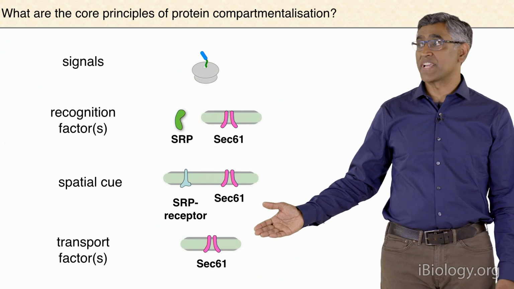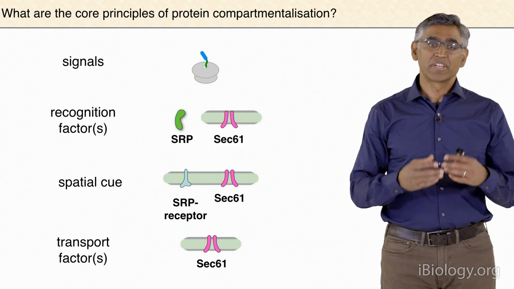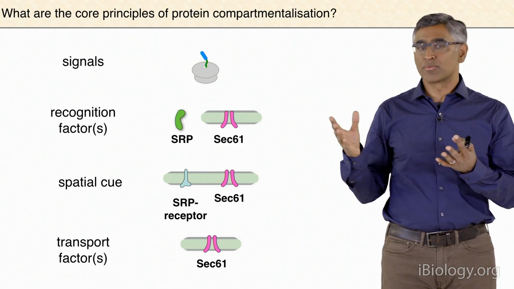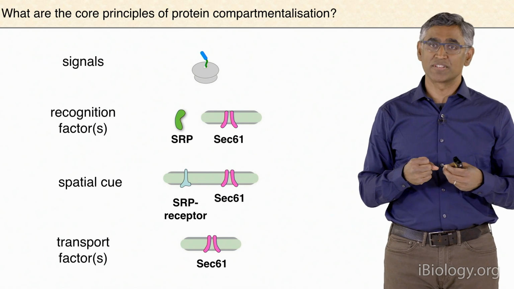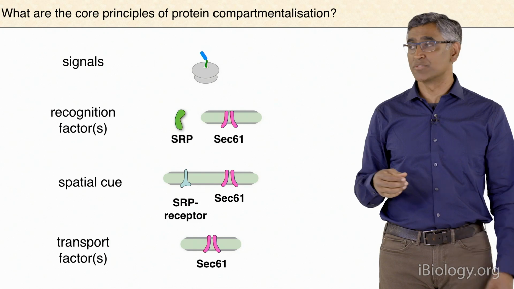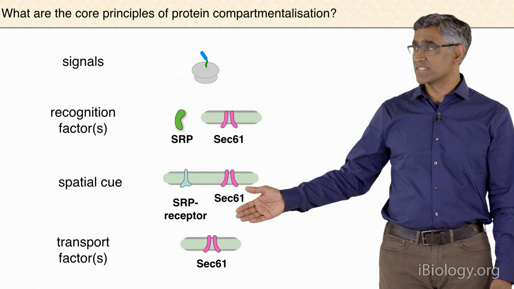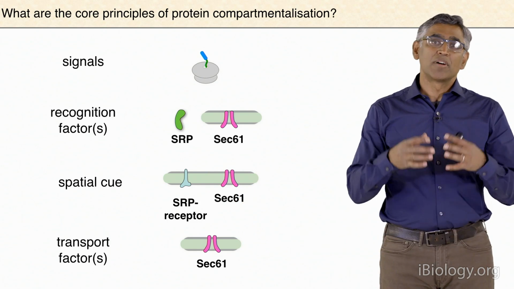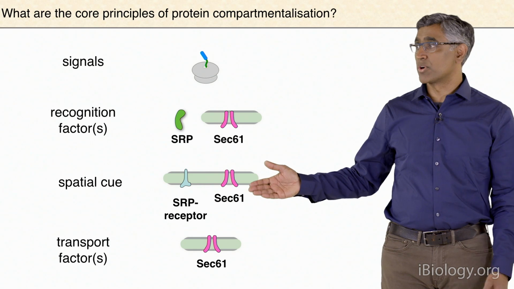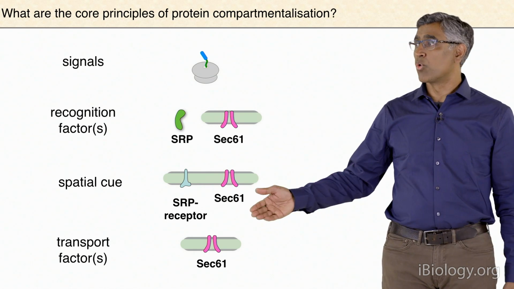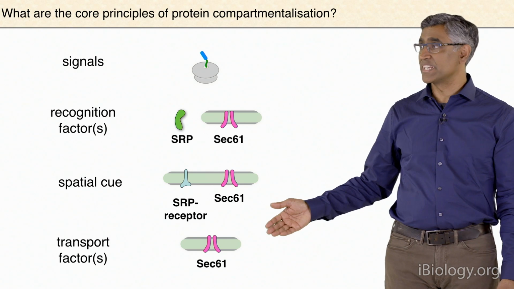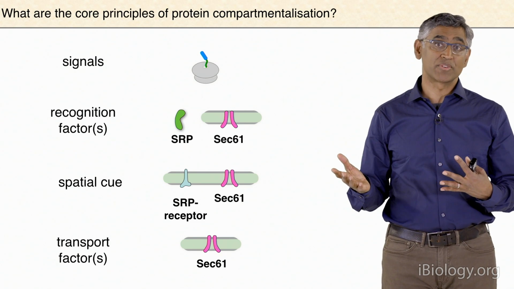And finally, you need transport factors of some type, because although there were many hypotheses about proteins being able to spontaneously move across a membrane using only biophysical means, in all instances that have really been examined, you need some type of machinery to form conduits across the membrane for translocation, or some way of moving that protein into the bilayer in the case of membrane proteins.